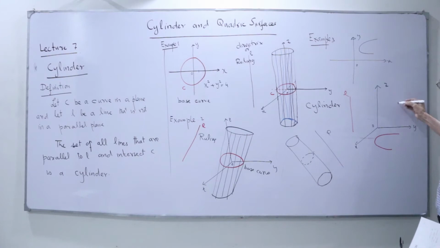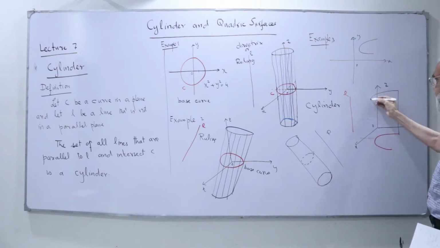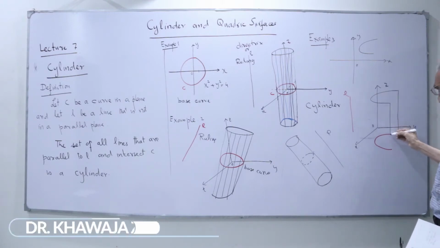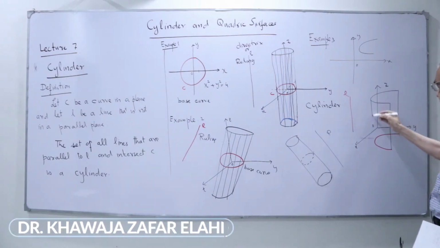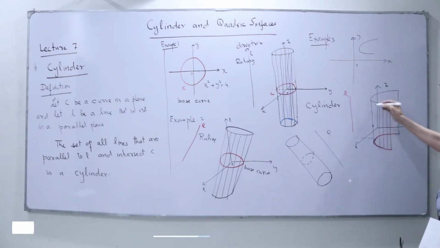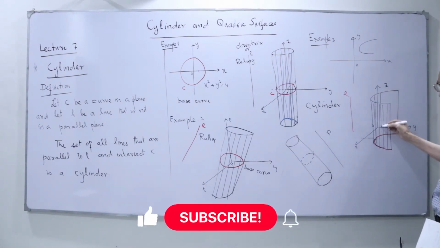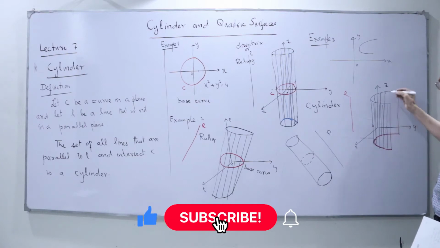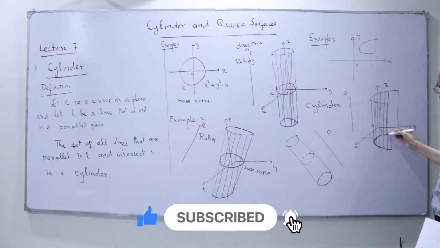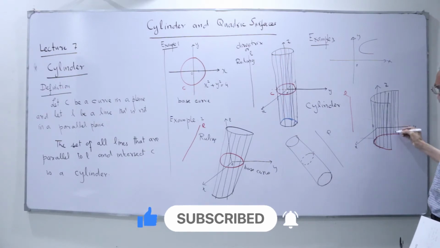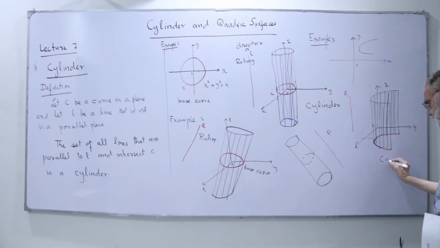This line intersects the base curve, and here is this type of curve, intersecting the base curve. I take all the lines parallel to the line L. So these are all my lines, and from the back side I have this line L. In this way we get the geometrical figure, and this geometrical figure is our cylinder.